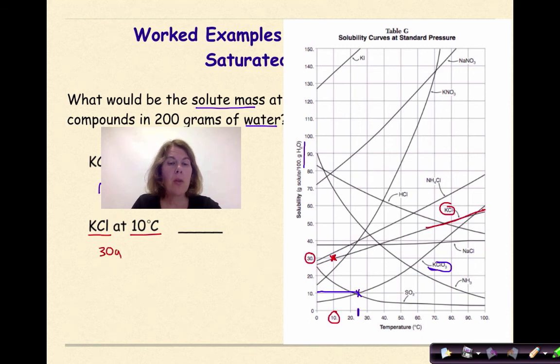So 30 grams in 100 grams of water. What do you think we're going to need for the mass of our solute in 200 grams of water? If you said 60 grams, you are correct. 60 grams of KCl will dissolve in 200 grams of water at saturation.